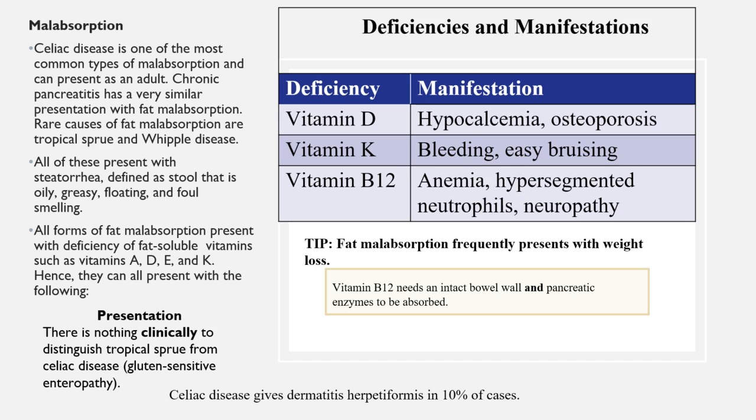All forms of fat malabsorption present with deficiency of fat-soluble vitamins, such as A, D, E, and K. There is nothing clinical to distinguish tropical sprue from celiac sprue, which is gluten-sensitive enteropathy.